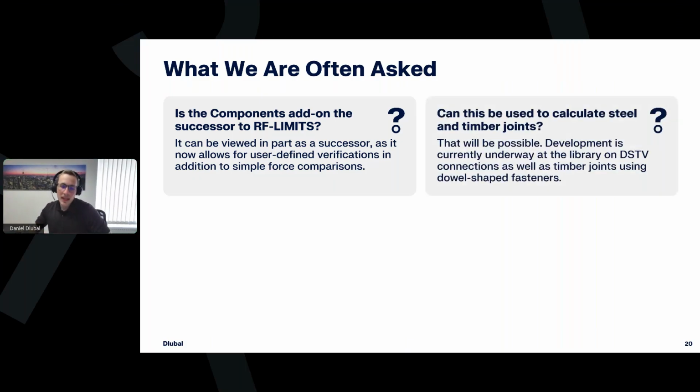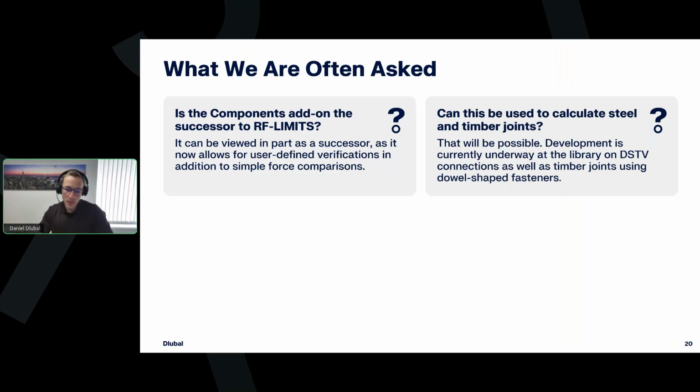Second question, can this be used to calculate steel and timber joints? Yes, it will be possible. The development is currently underway. What we will also implement very soon is the DSTV connection. In Germany, they are pretty well known: some standard steel connections where you just compare the existing with the resisting forces.